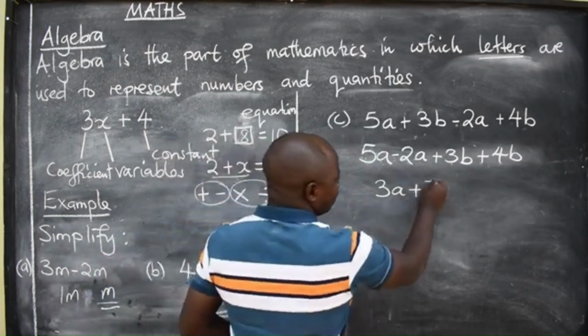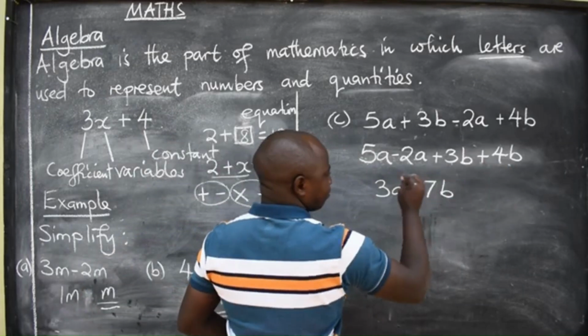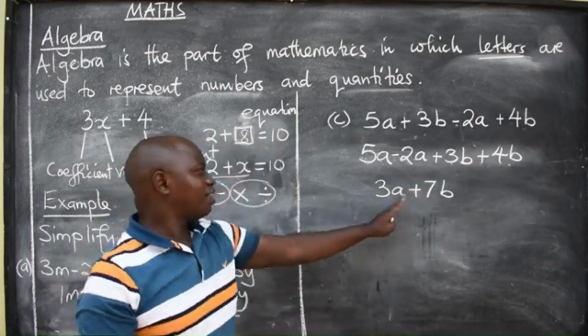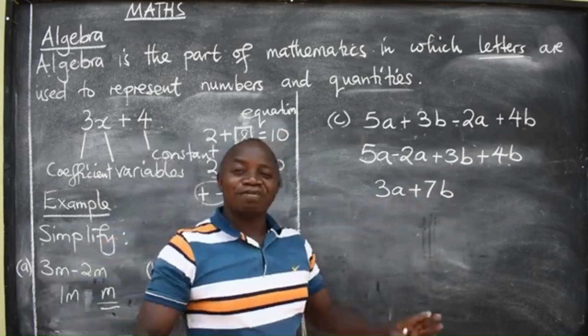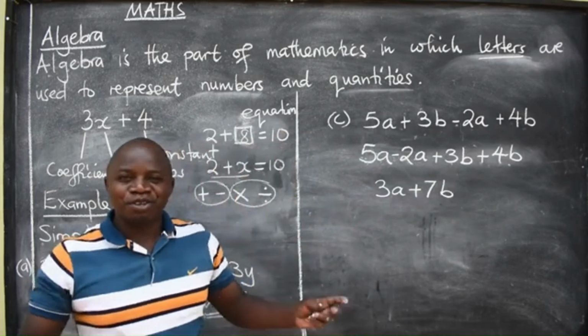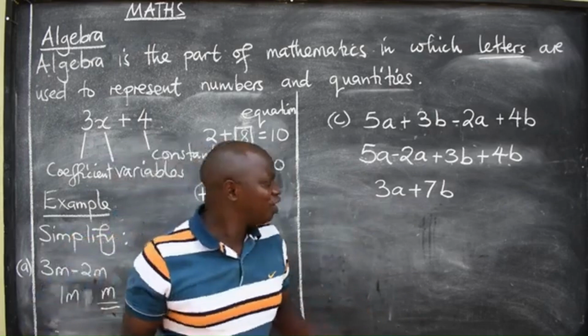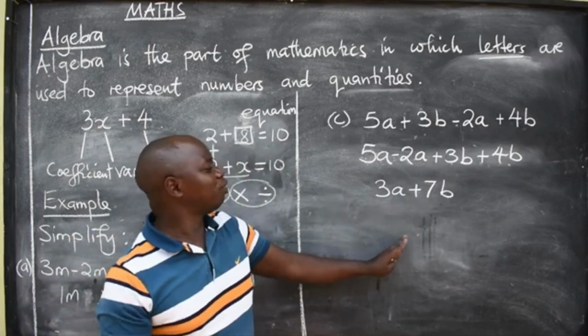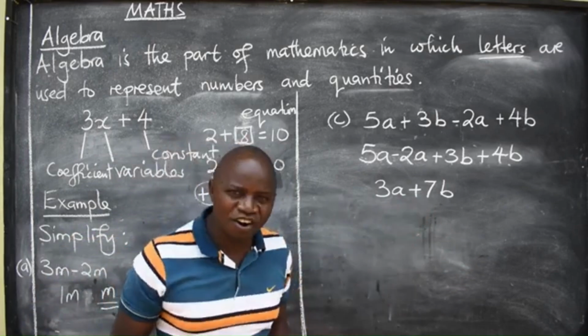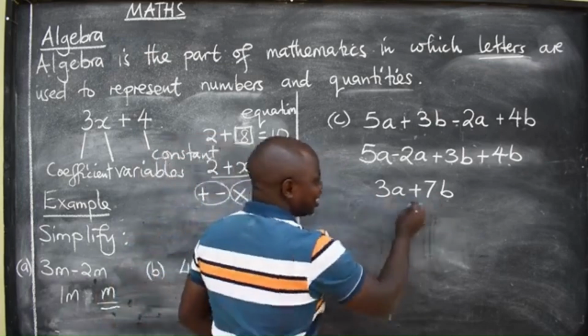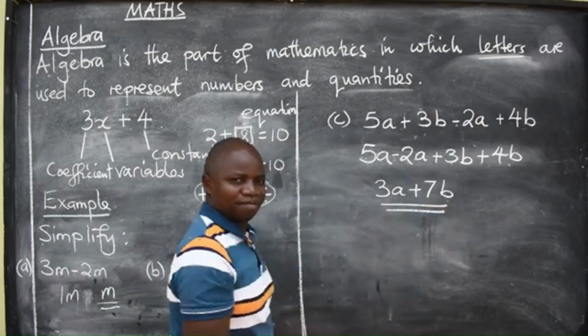So I write plus 7, variable b. Can these two be added? Sometimes in the exam you continue until you write 10ab. No, you can't add these. This is the final answer.